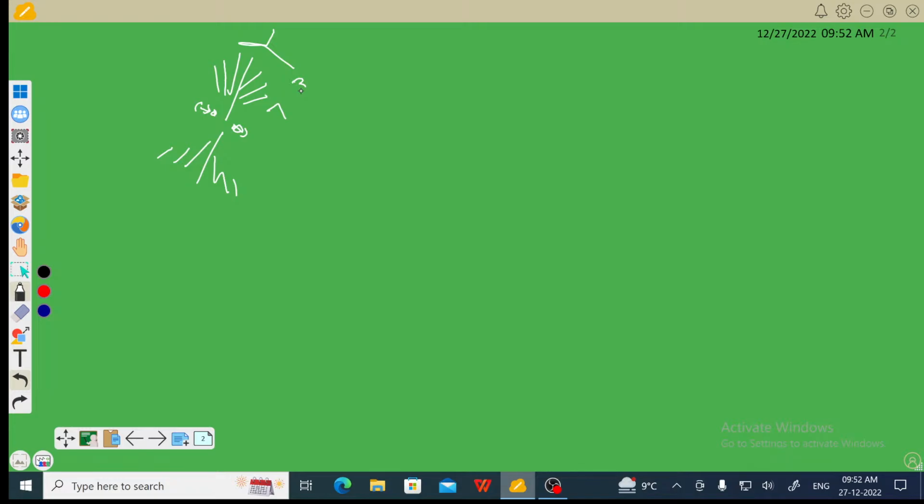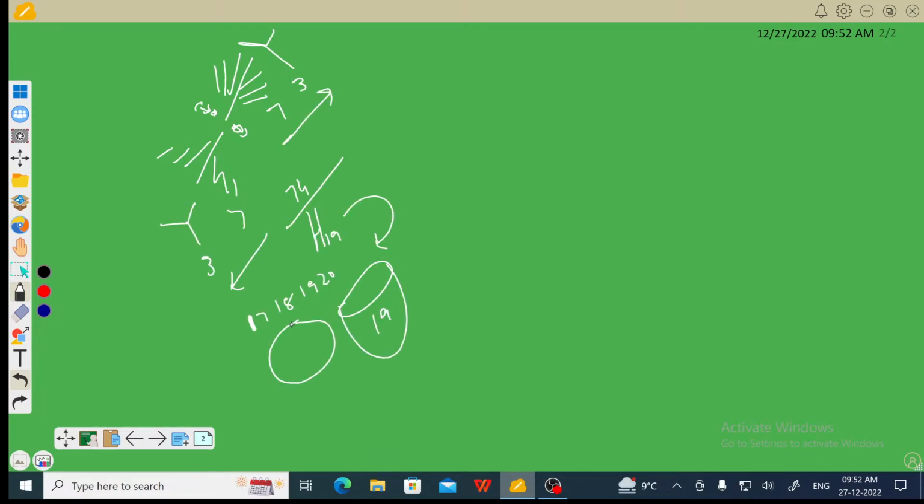H19, hypercube 19. So the southern hemisphere as H19 will lead to value 17, 18, 19 and 20. So it makes a pair of folds 17, 18, 19 and 20.